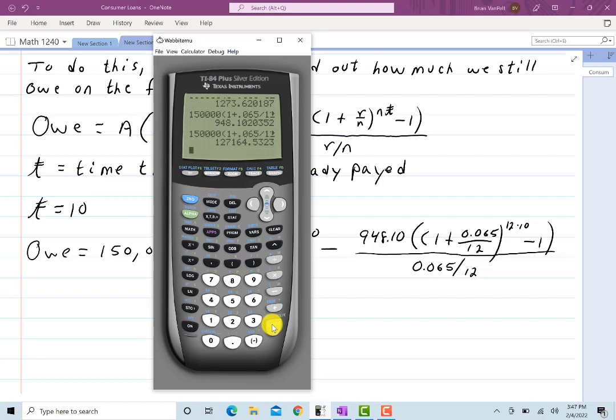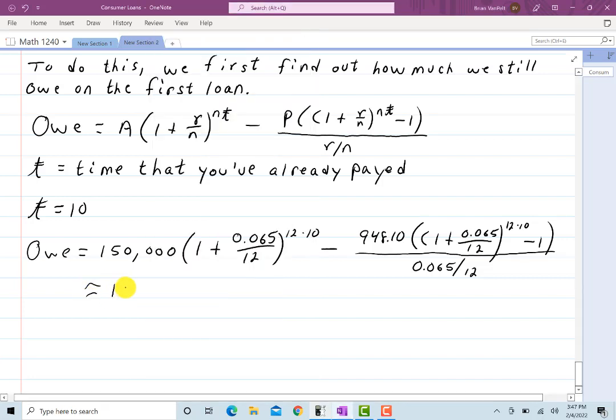So we owe $127,000, a little more than $127,000. So that is how much we still owe on the home.